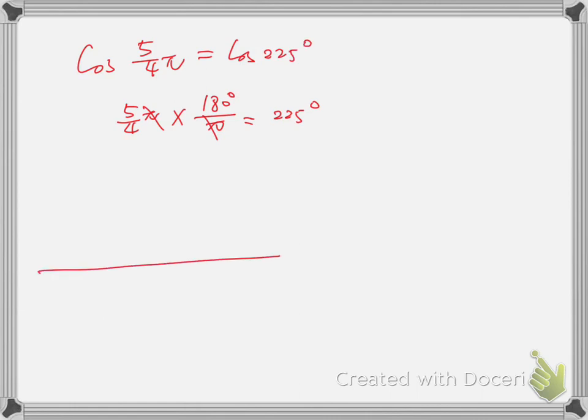So now let's draw the picture. Where is this terminal side? Let's use radian measure because they gave us radian measure. This is pi, this is pi over 2, this is 3 pi over 2.